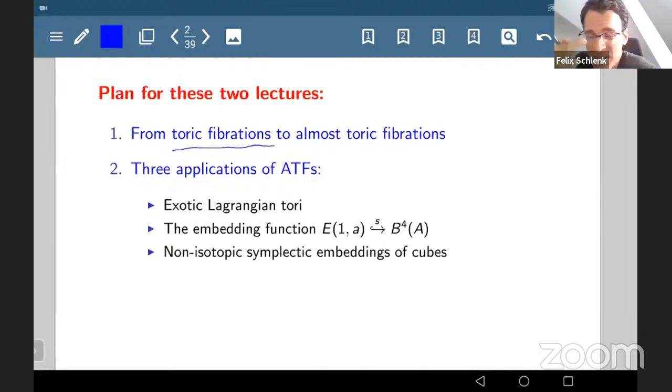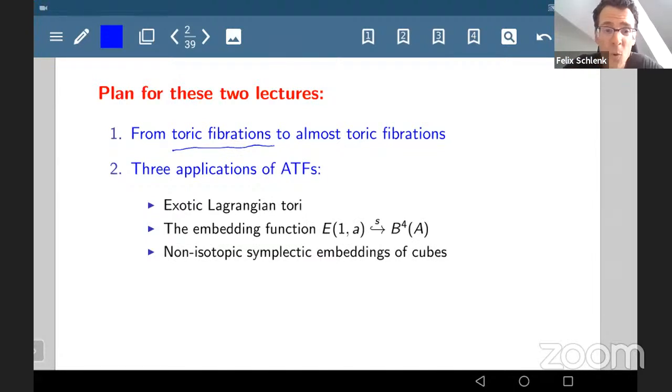And this is a bit of a strange thing because it appeared by Hamilton some 15 years ago, but then it became extremely popular because Renato Vianna used it to construct infinitely many different Lagrangian tori in CP2 and in other little bits of surfaces. And then very surprisingly, other results that had taken some interest by many people were then proven much more efficiently.